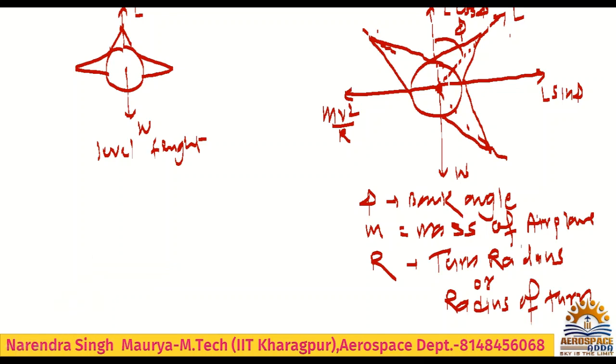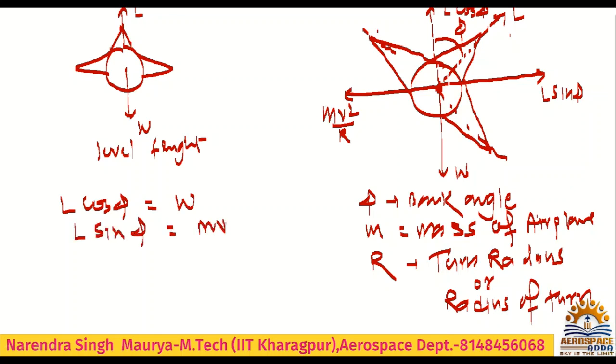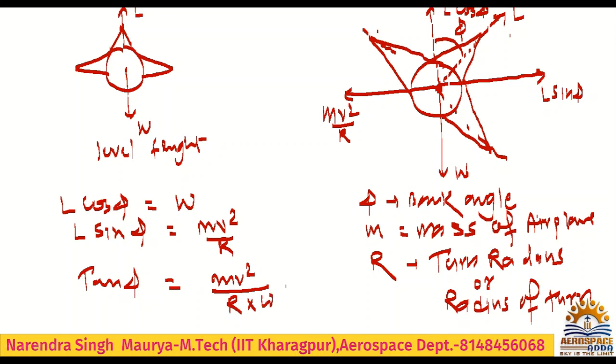Alright, so from here, L cos phi is equal to W weight and L sin phi is equal to mv square by r. What is tan phi? It is nothing but mv square by r into W, so you can write mv square divided by r mg.